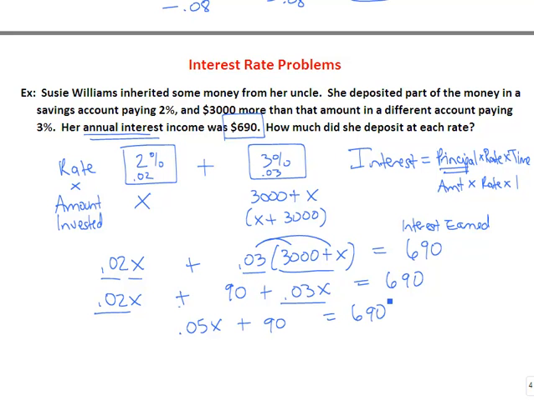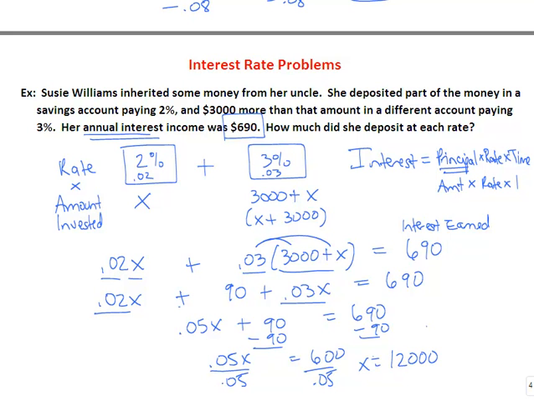I'm going to subtract 90 to the right side to get our numbers together. So we have 0.05x equals 600. And to finish solving, we're going to divide by 0.05. And we get x equals 600 divided by 0.05 is 12,000.